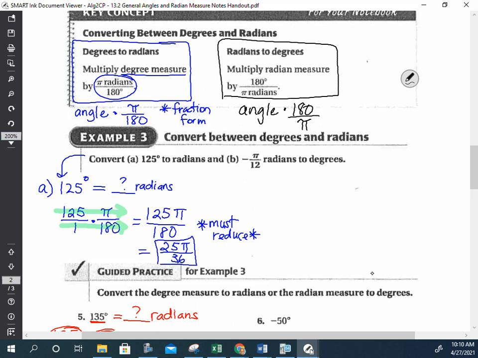So now you just flip the fraction. If you're going from radians to degrees, the answer can be in whole number or decimal form. It doesn't have to be a fraction.